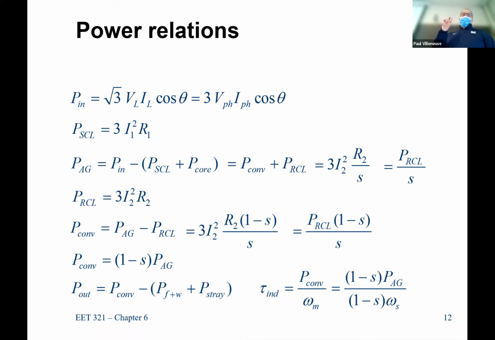Now, if we combine those two resistors, remember those R2 and then that R2 times (1 minus S) over S, if we combine it back to this, all the power in the rotor circuit is represented by here. So that includes all the power that is converted mechanically, plus the rotor copper losses.